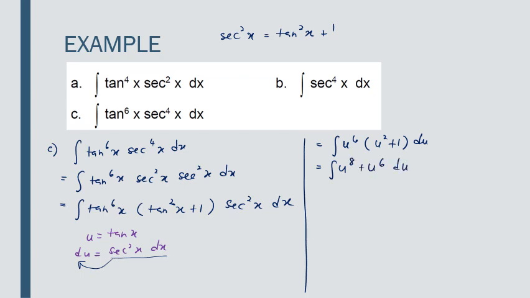So integrate: u power of 9 over 9 plus u power of 7 over 7 plus c. Substitute back the u, so we get tangent power of 9 x over 9 plus tangent power of 7 x over 7 plus c. Okay, so this is the answer.